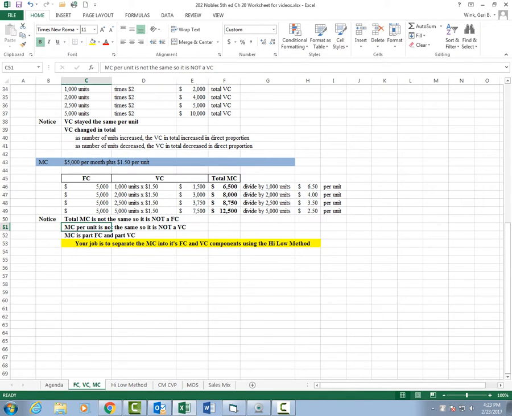The per unit is not the same as a variable cost because it does not stay the same for every unit. That's how you can tell that it's a mixed cost. And our job in the next video is to separate the mixed cost into its fixed and variable components, and I'm going to teach you the high-low method to do that.